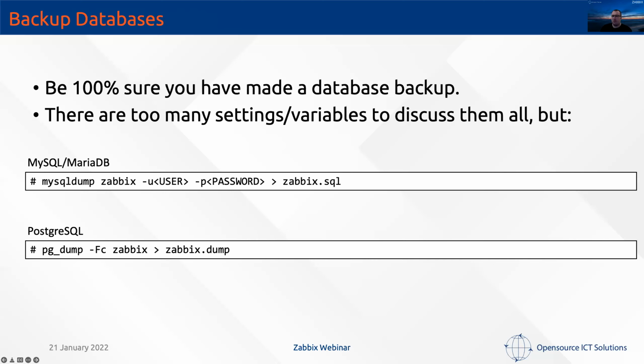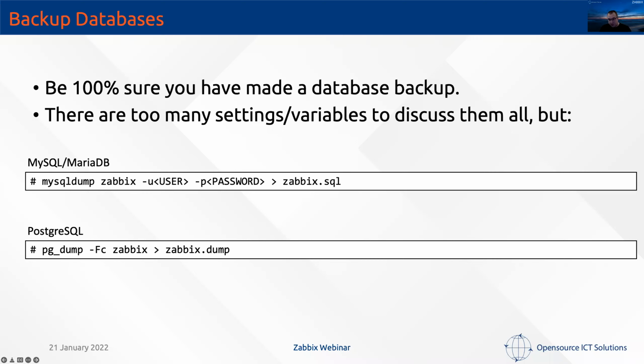Typically, when we are talking about database backups, there are way too many variables to change and to tweak to get more performance out of it. But the most basic commands: mysqldump, database name zabbix, -u username, -p password, and we are pushing it into zabbix.sql.